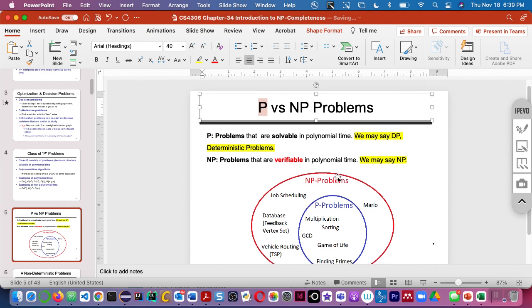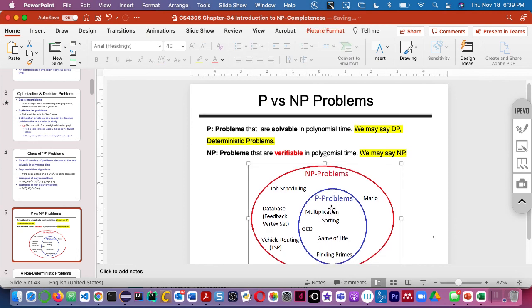Some problems that are now considered in set P, polynomial, earlier were non-polynomial, previously unsolved. For instance, we know the sorting algorithms, right? They take polynomial time.